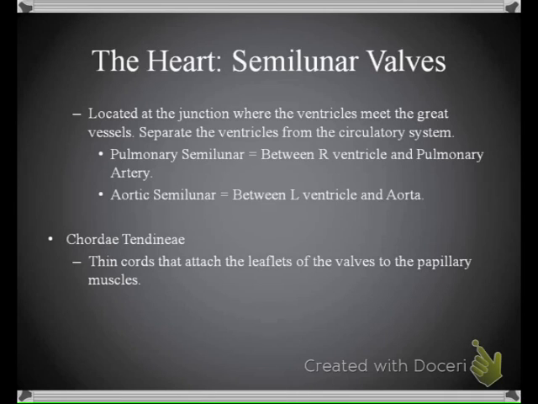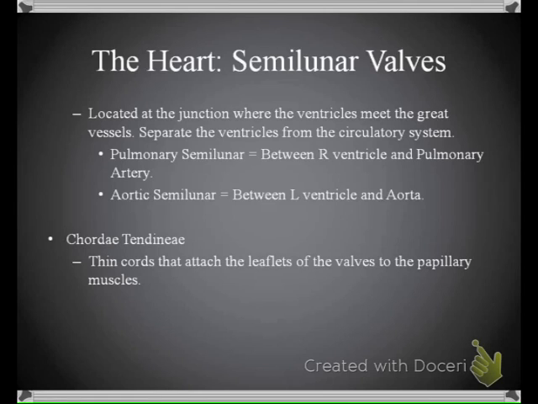And by great vessels, we mean the pulmonary trunk and then also the aorta. And so, looking at this, we see that the pulmonary semilunar valve is between the right ventricle and the pulmonary artery, or the pulmonary trunk. Very simple. The aortic semilunar valve is between the left ventricle and the aorta.